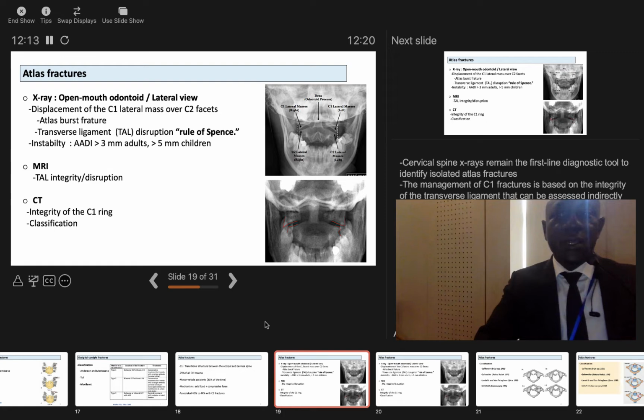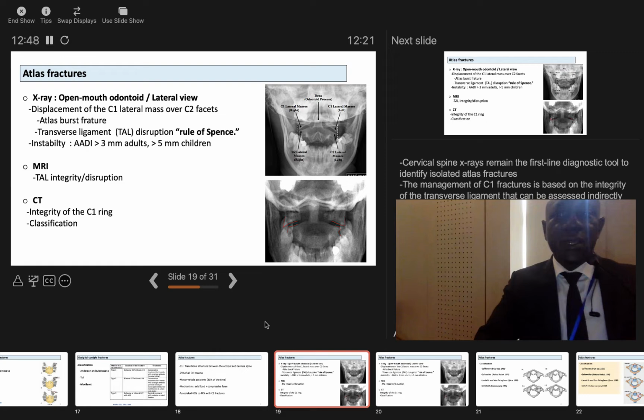The management of this fracture is based on the integrity of the transverse ligament, which can be assessed indirectly with several radiological measurements. The sum of lateral mass displacement of C1 over C2 more than 7 mm in open mouth X-ray means the transverse ligament is probably damaged.